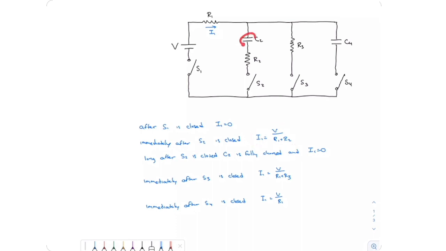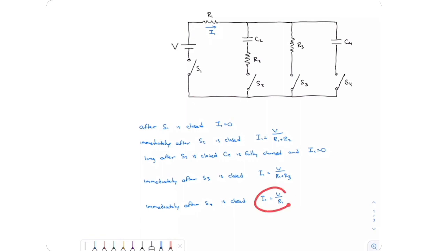After a long period of time, the capacitor will become fully charged, at that point it's as if you opened the switch because no more current will flow through that branch. So when we close switch S3, now we have current flowing through this path and a current of V over R1 plus R3. And when we close switch S4, now we're giving the current an easy path to go around the outer loop.